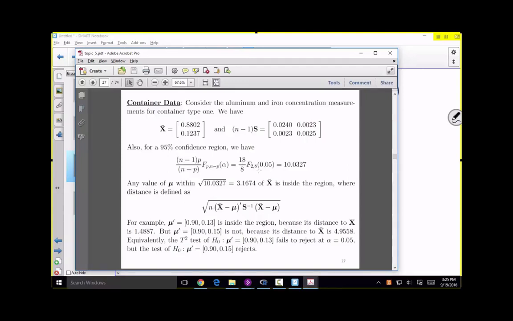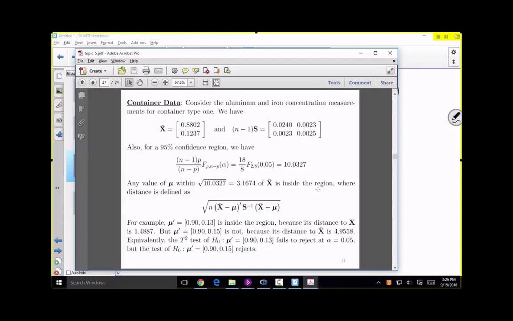And the critical value from the F, I can get it out of R, and the number turns out to be just over 10. So any value for mu that has statistical distance square root of this or even smaller is inside what we're calling a confidence region.